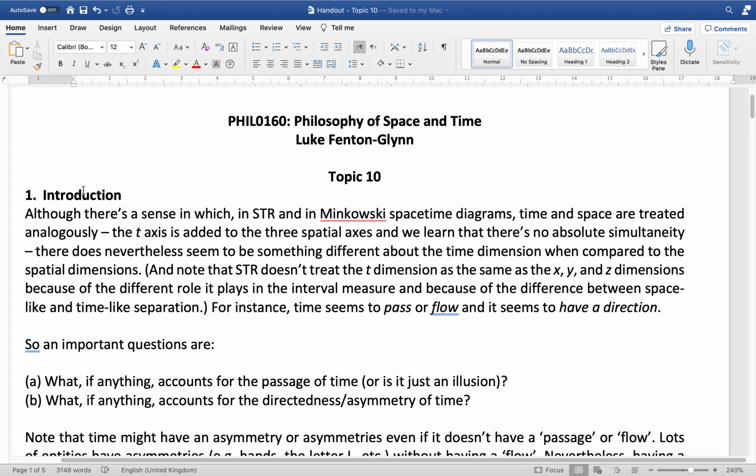And although, obviously you can talk about directions in space, it's natural to think of them all as relational. So I can talk about left and right, but that's relative to my orientation. I can talk about up and down, again, relative to my orientation.